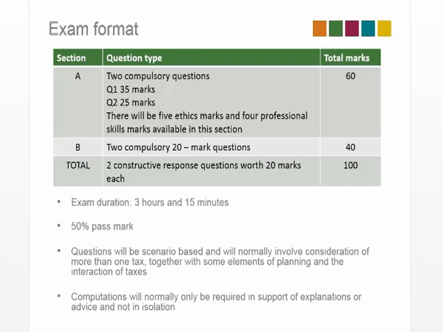So yes, there will be some calculations or computations, but generally you only need those in support of your written advice, in support of the explanation or the advice that you're giving. So really important that you understand that this is not a purely numerical paper, that you will need to be giving advice and explaining your calculations as well.